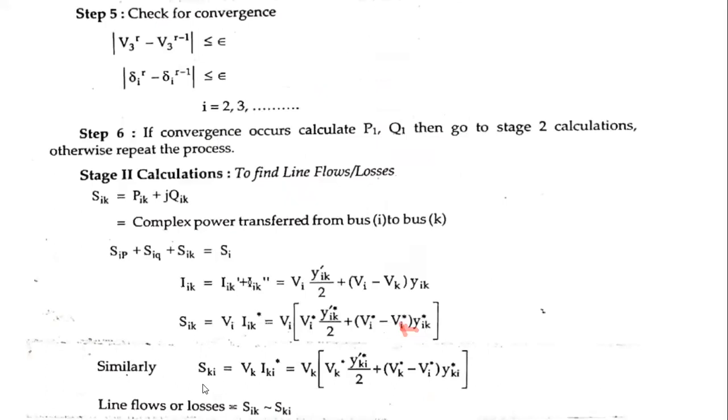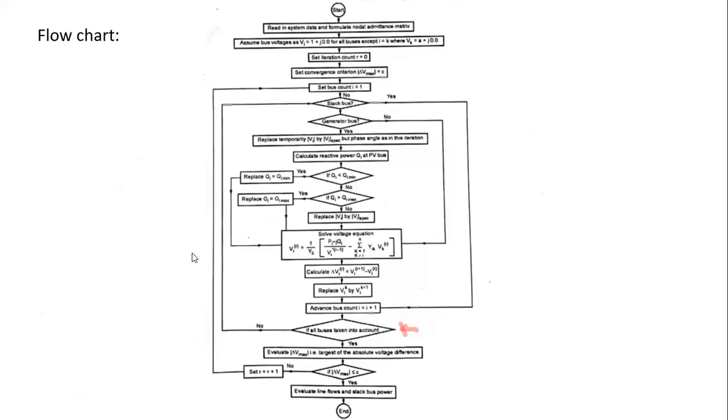Then we calculate the power values, that is Sik and Ski. And this is the flow chart for the Gauss-Seidel method when the PV buses are present.